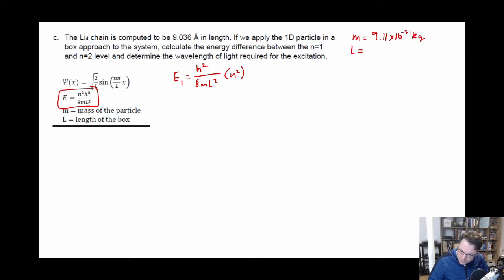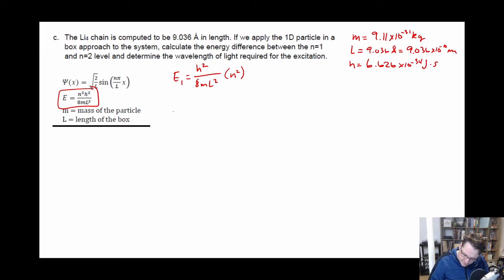L is equal to 9.036 angstroms, and an angstrom is 1 times 10 to the negative 10 meters. So that becomes 9.036 times 10 to the negative 10 meters. And h is 6.626 times 10 to the negative 34 joule seconds.